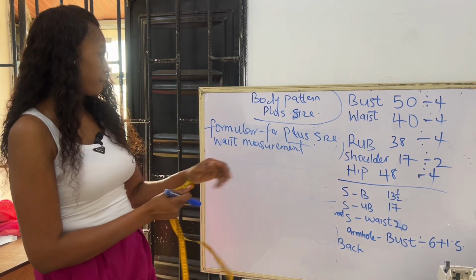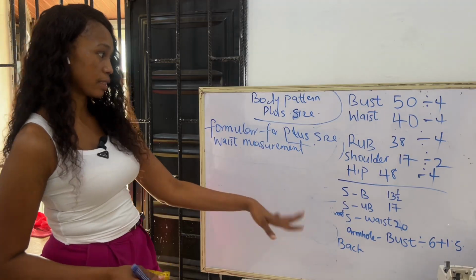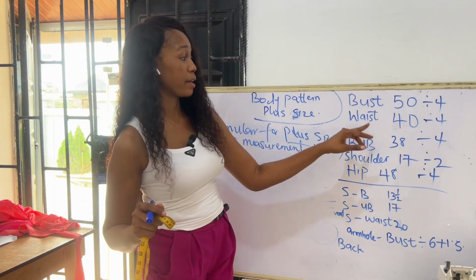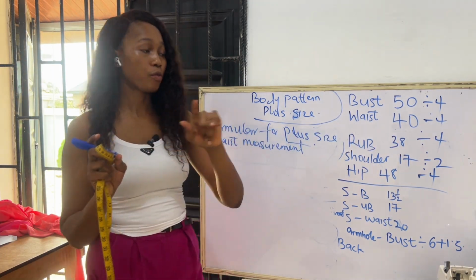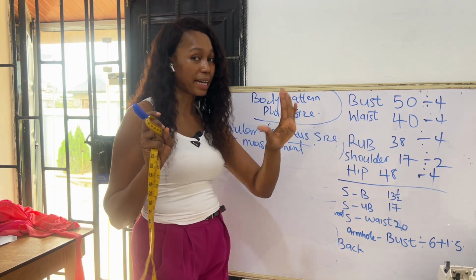This is the formula for plus size waist measurement, and the waist measurement we are working with here is 40. We have waist 40 for this my client.